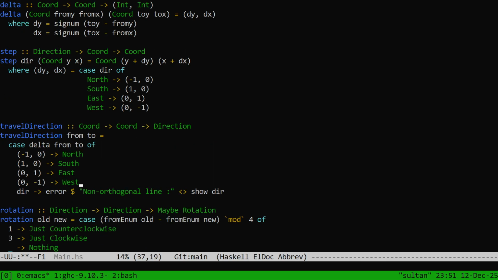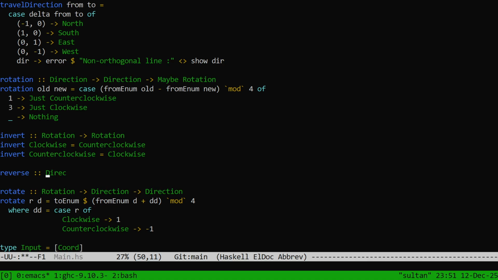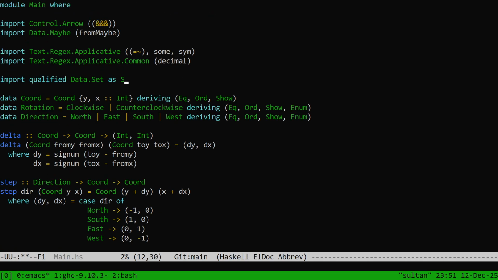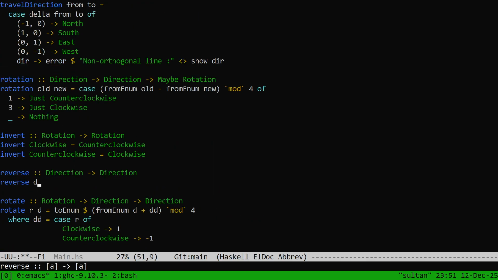Well, I guess let's write it. My directions are written in a friendly enum order, right? North, east, south, west. So to reverse a direction, turn it into an int, add 2, mod 4, turn it back into a direction.